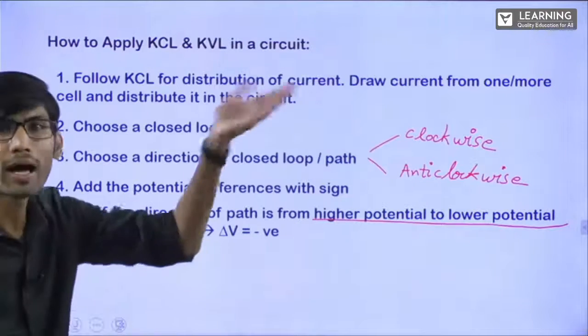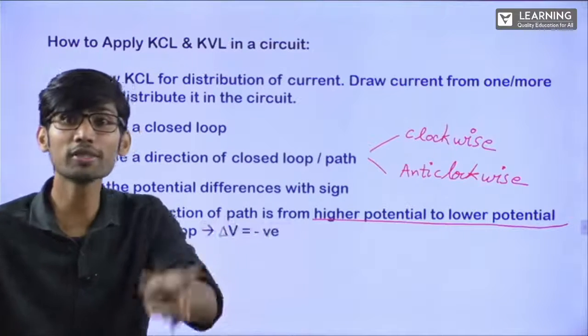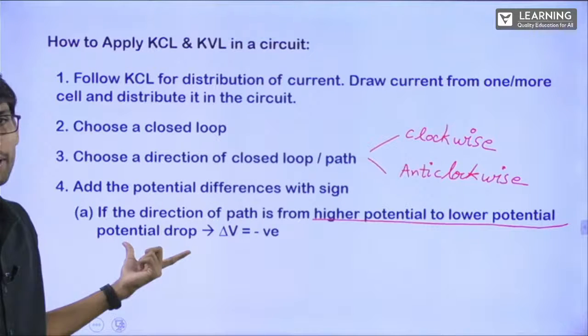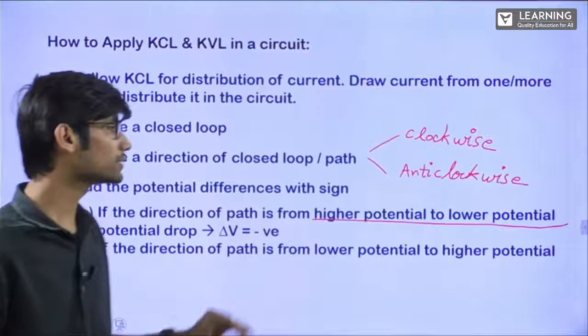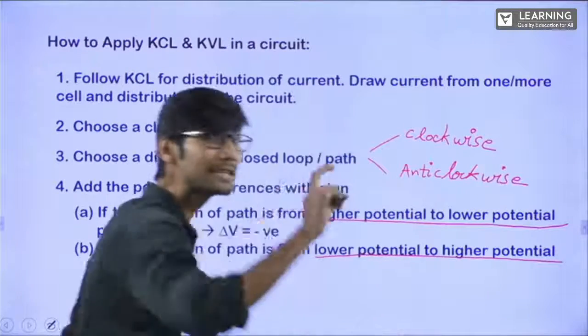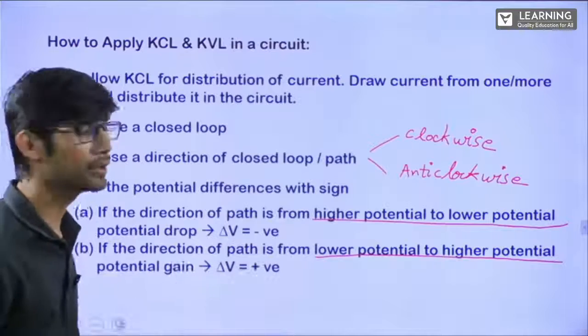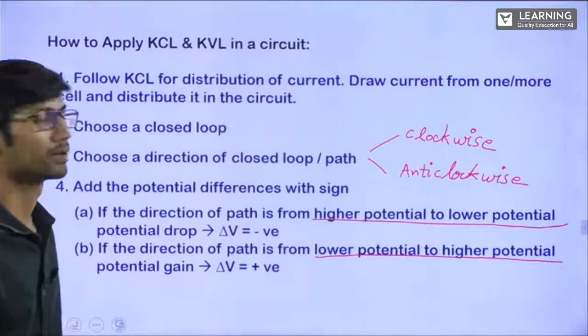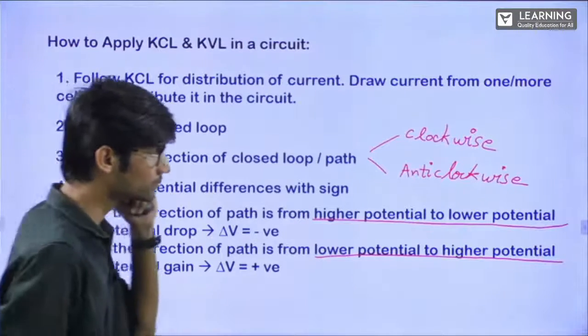Clear? From higher to lower we are going, so the change in potential, basically a potential drop, happened, right? It will be negative. If the direction of path is from lower to higher, potential gain is happening. So this will be positive. Alright. Note it down.